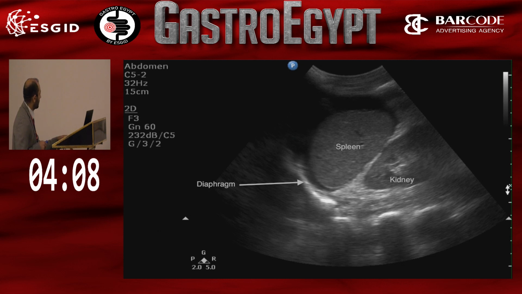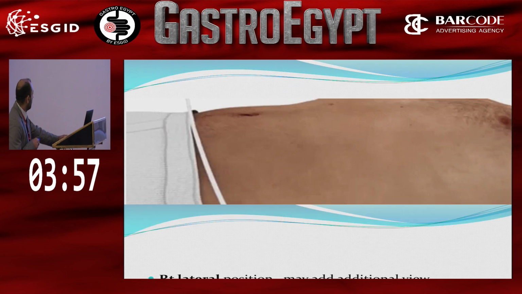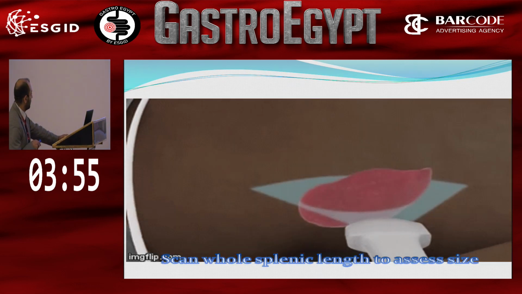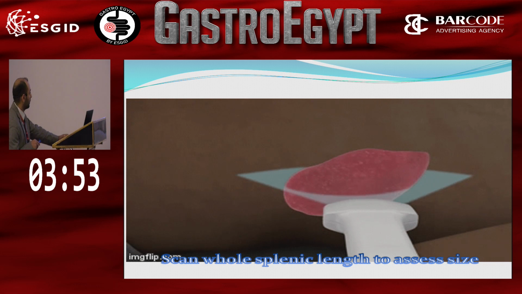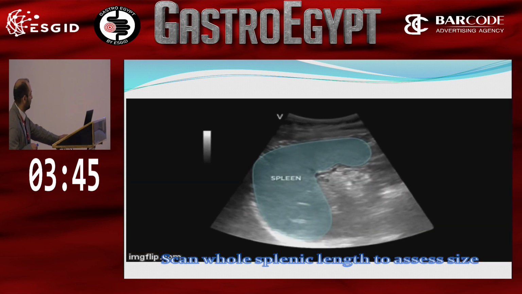This is the diaphragm and this is the pleural effusion I'm looking for. If I couldn't see the spleen, I have to ask the patient to turn to the right lateral position and take a deep breath to get a better image of the spleen. Here, I have to get the upper pole and the lower pole. I have to tilt the probe to get the image, to get the maximum bipolar dimension.